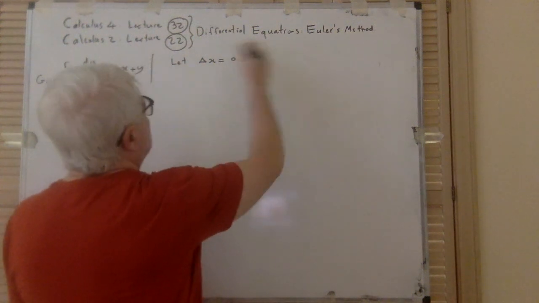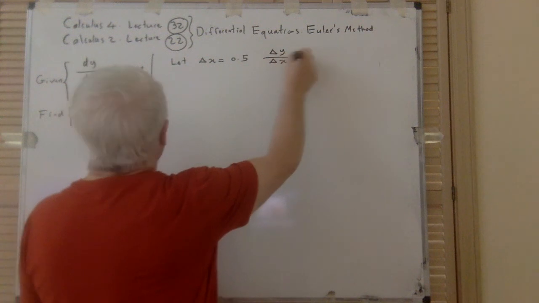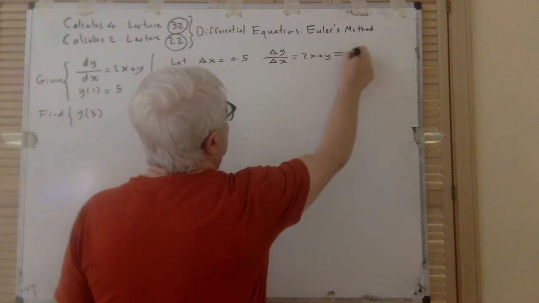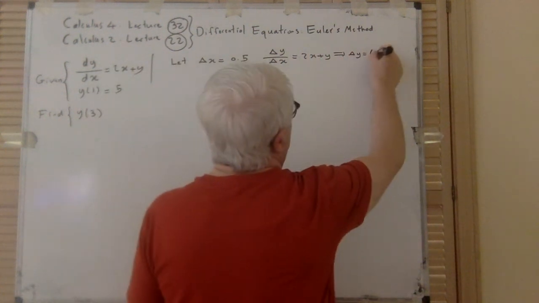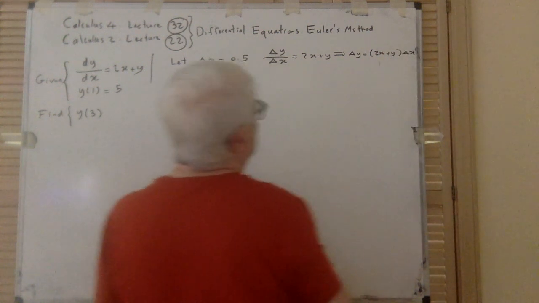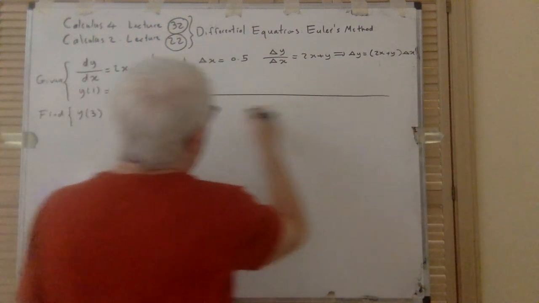First thing we do, we have to write that as delta y over delta x equals 2x plus y, and that gives me delta y is 2x plus y times delta x. Good. So that is the formula, and the table looks like this.